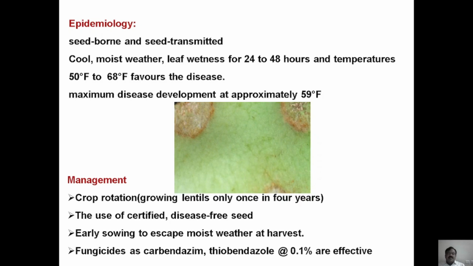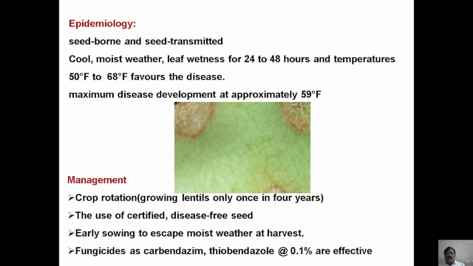So when the disease is very severe, as we discussed earlier, the pathogen may remain active on the infected plant debris, and hence go for crop rotation with a non-host crop, which will be helpful in reducing the incidence. It is advisable to grow lentils once in 4 years.